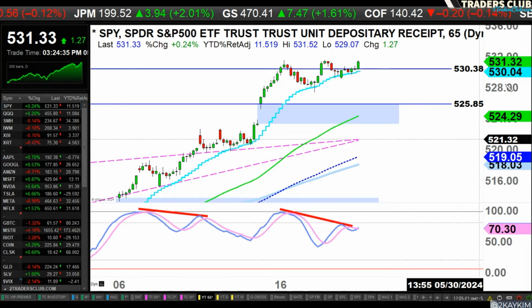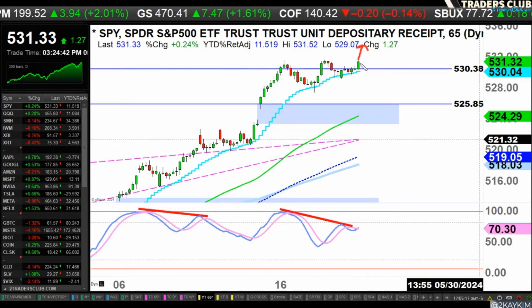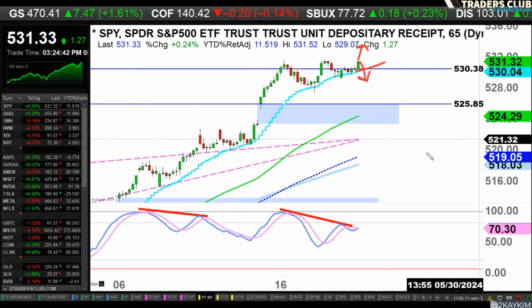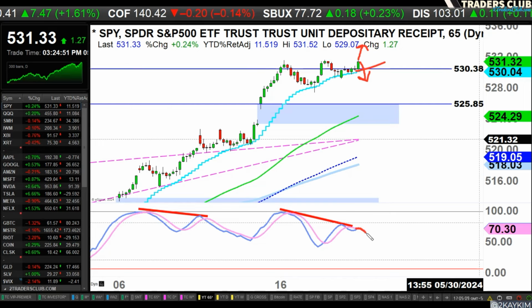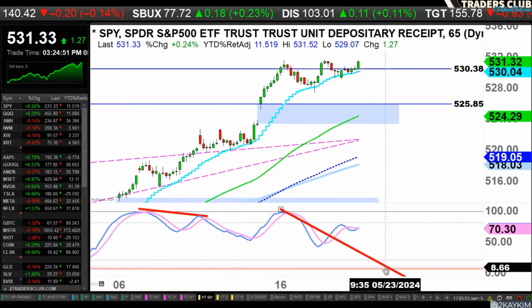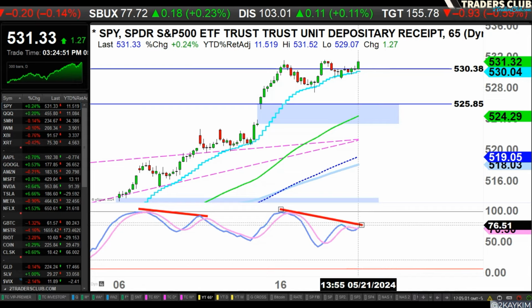Because if we don't see a follow through tomorrow, let's say we see a down gap, or this thing starts to fall over and breaks below the micro-term, this thing will whipsaw back down. And that bearish divergence is going to continue, you see?